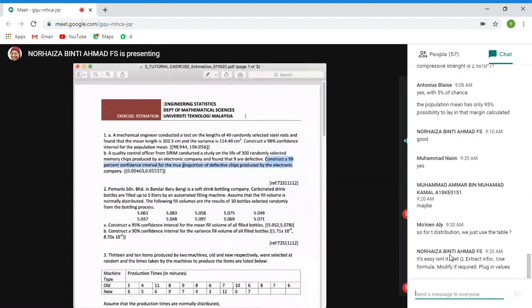So this should be a pi, 99% for pi, because it's proportion. All right, so do exercise from the slides, exercise 1 and 2, and also the tutorial questions.